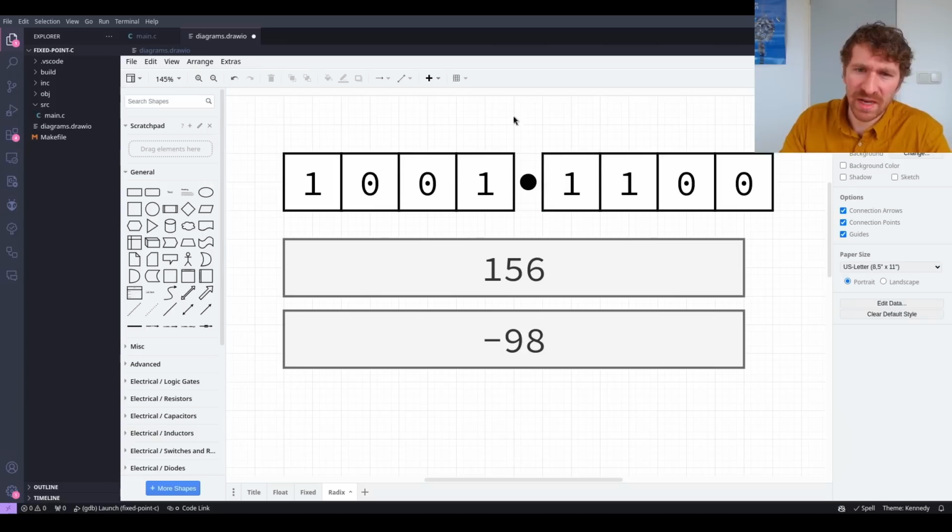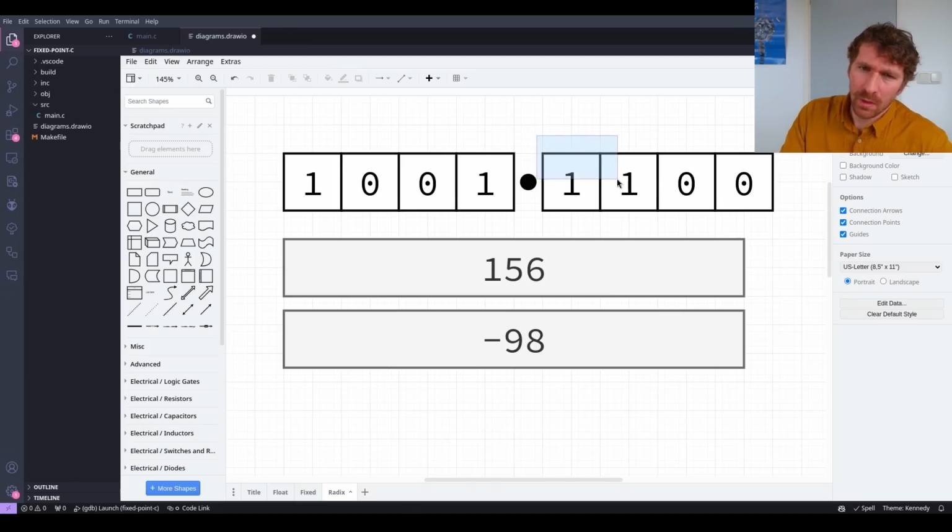The number we actually have here is 8 plus 4, so we've got 12. But it's not actually 0.12 in a decimal sense. This is conceptually 12 divided by 16, because we only have 4 bits available here to represent all the numbers in between 9 and 10.